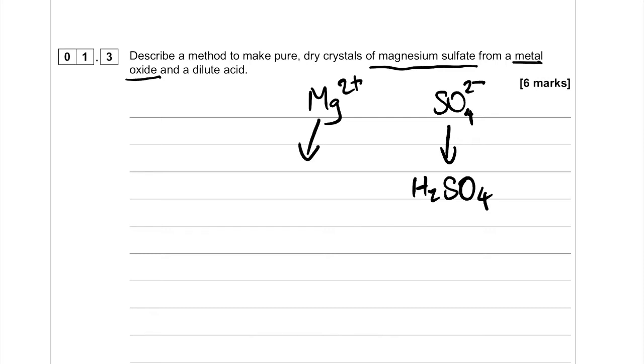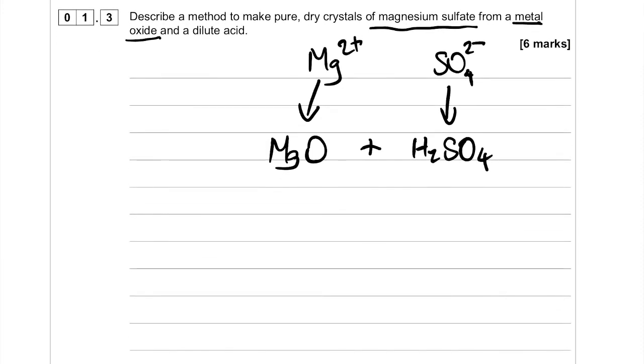Magnesium is 2+, which would pair up with 1 lot of oxygen anion. So you have magnesium oxide and H2SO4, so the equation looks sort of like this, and that would give you magnesium sulfate plus water as your byproduct.